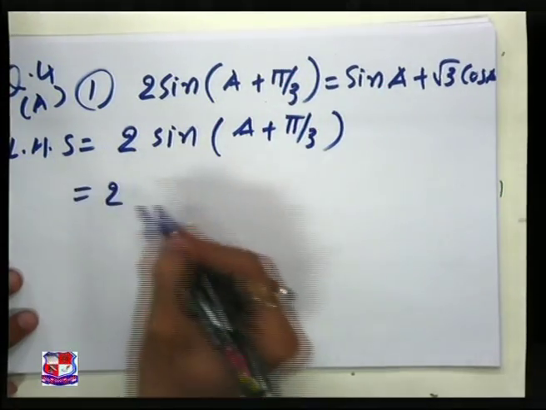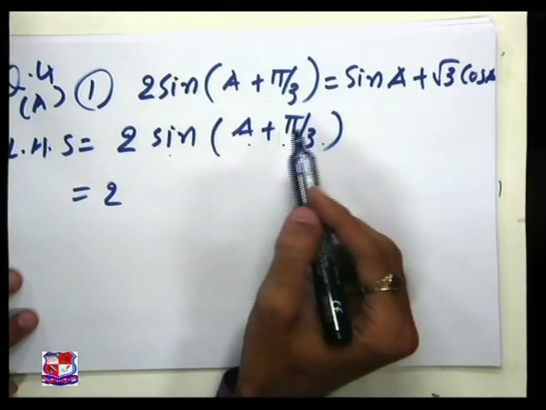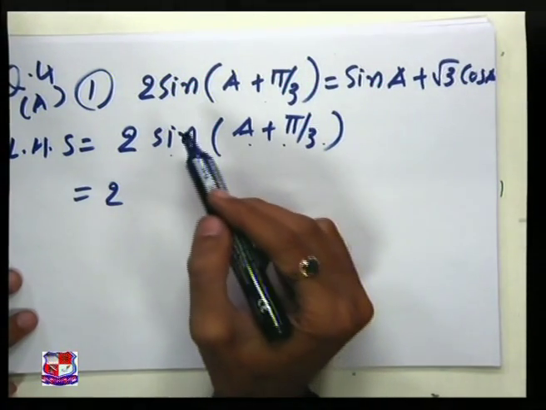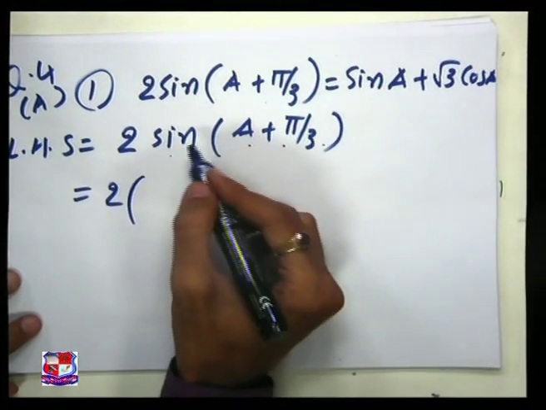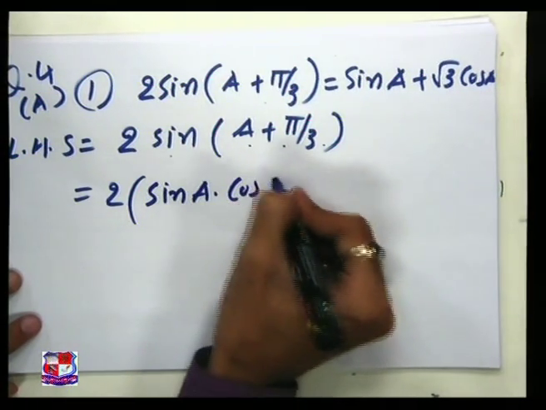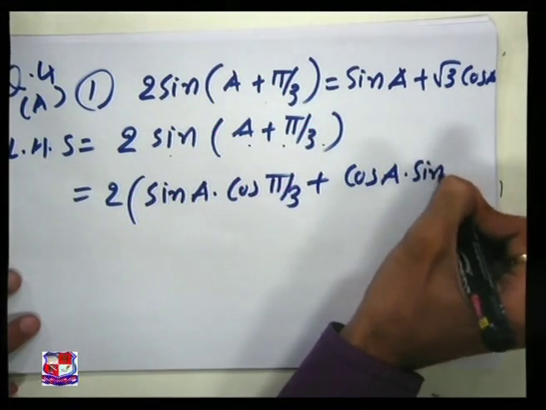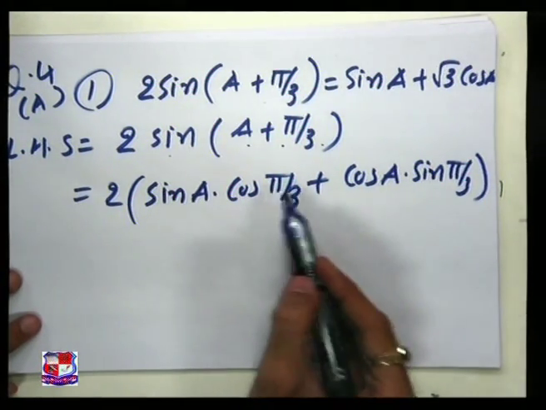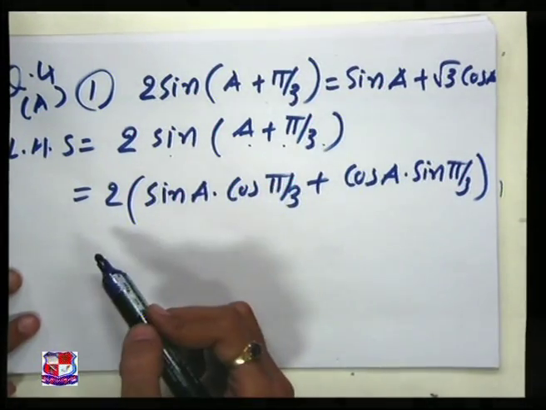This is sine alpha plus beta. We know that sine alpha plus beta is equal to sine alpha into cos beta plus cos alpha into sine beta. So here I will use that formula, that is sine a into cos pi by 3 plus cos a into sine pi by 3. Here alpha is equal to a and beta is equal to pi by 3.